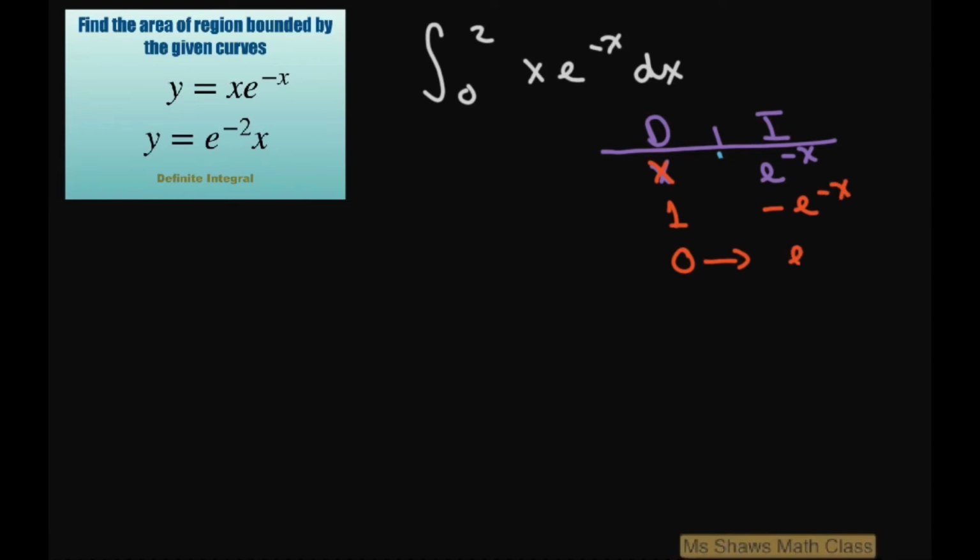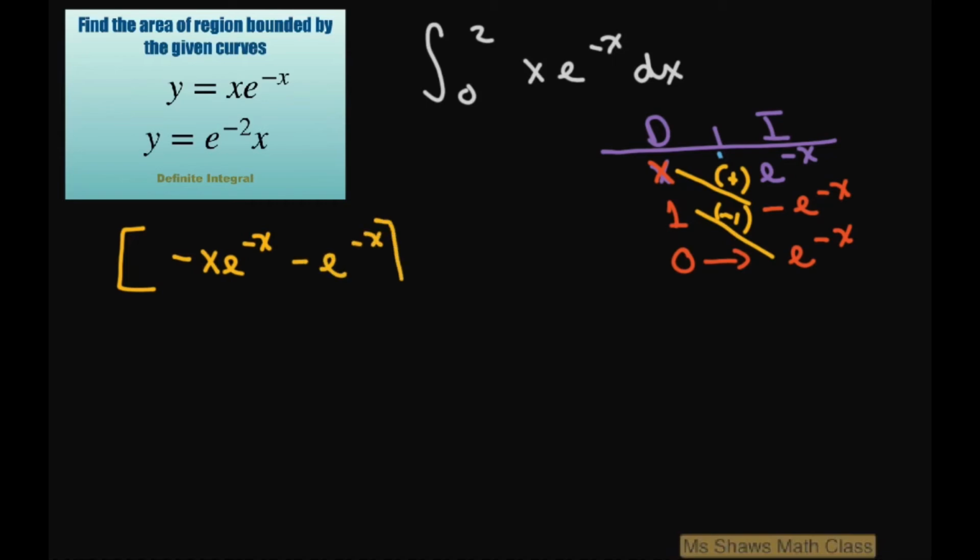Integrate it again, you get e to the power of negative x. Then you draw these lines, alternating plus and minus. So the first term is plus, negative x e to the power of negative x, and then the next has a minus, so minus e to the power of negative x. Then we evaluate it from 0 to 2.